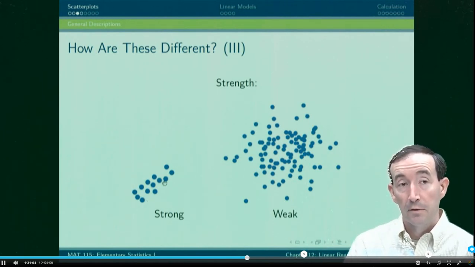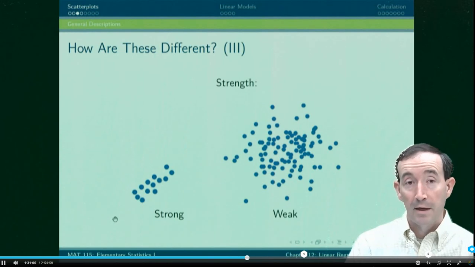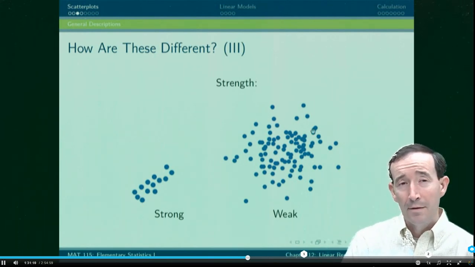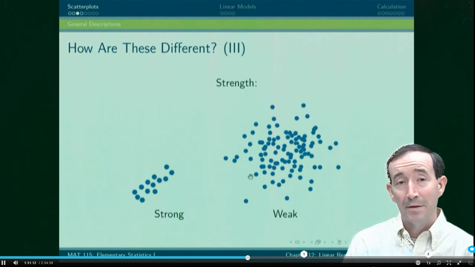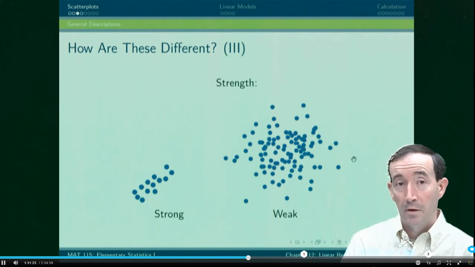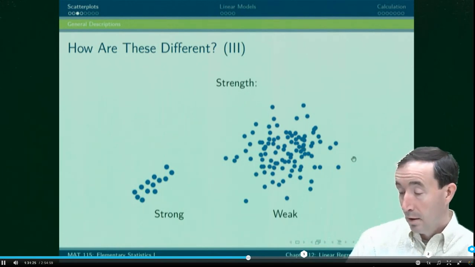I see a pretty strong linear relationship, and so it's worth my time to try to build that best fit model and see what that tells me. This one, on the other hand, maybe I'll get some information here, but it doesn't seem like it'd be very, very reliable. This relationship doesn't really seem to be linear, if there's a relationship really at all. I see a lot of noise here that it's hard to decide if there's a relationship that's present.